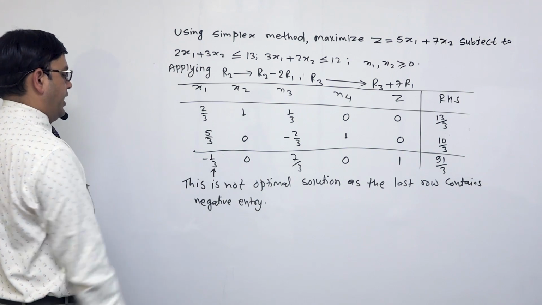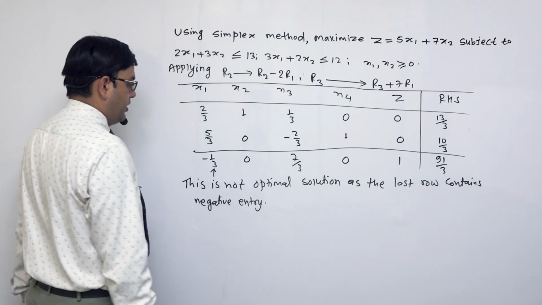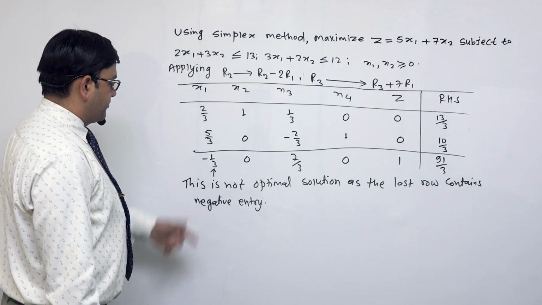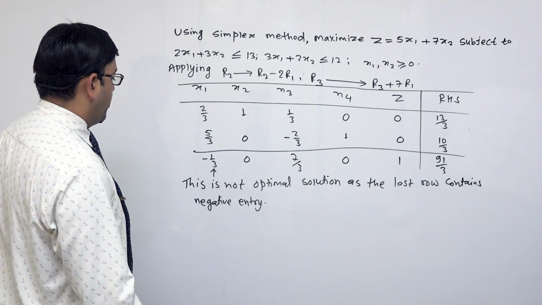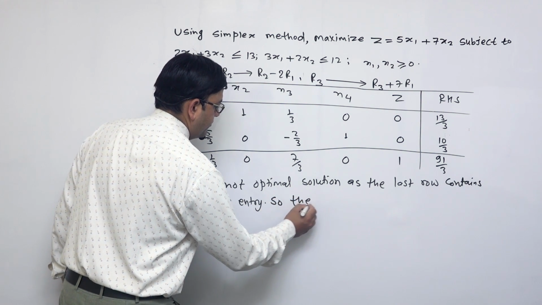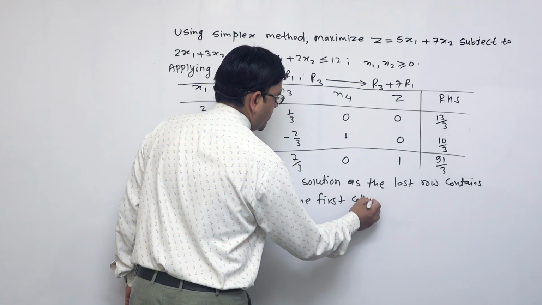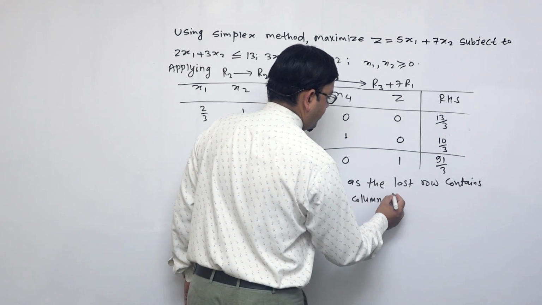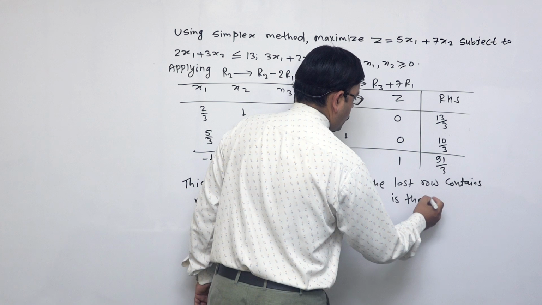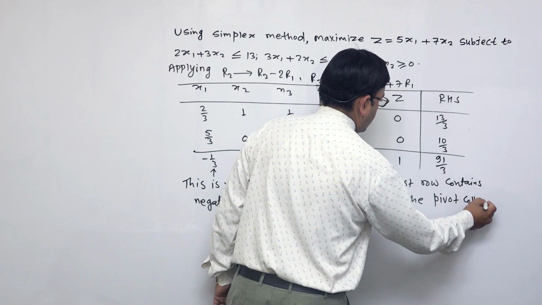Last row contains the negative entry. अब यसमा हामीले चाहिँ so this first column is the pivot column.